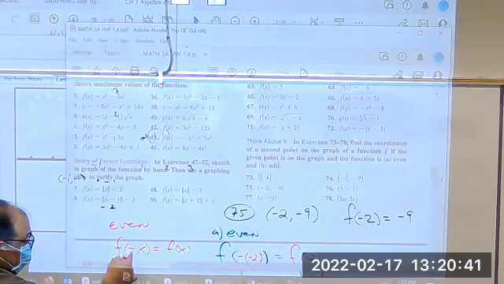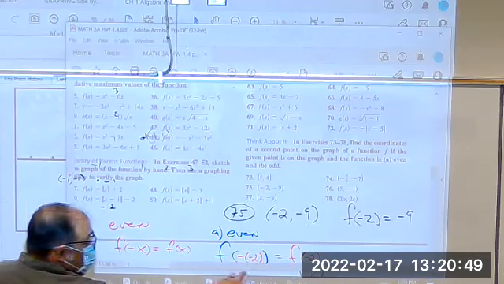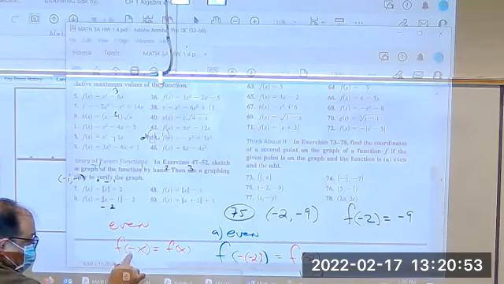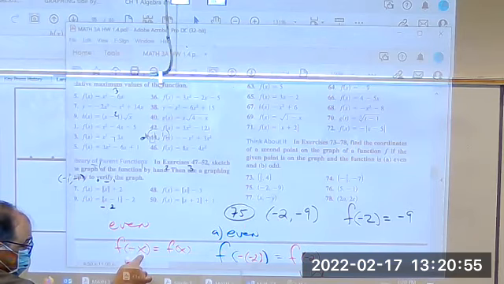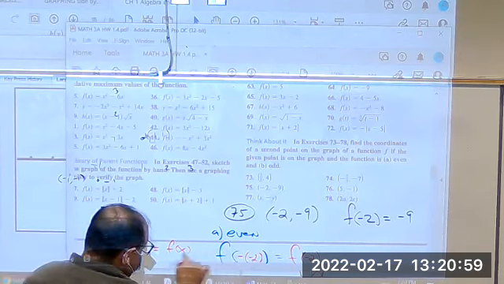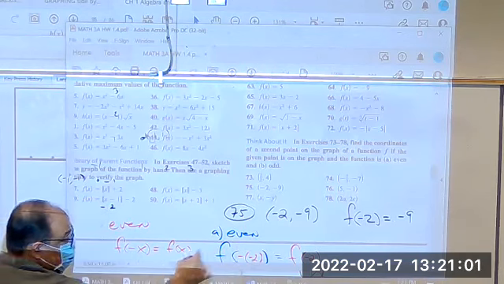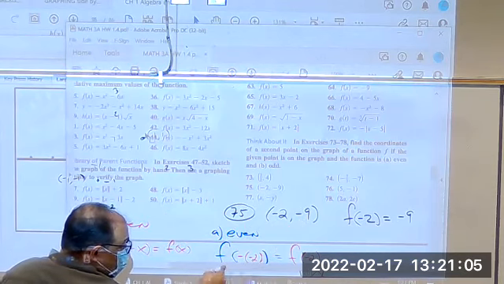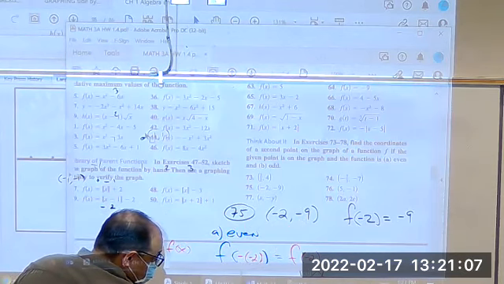F of the opposite of the original x. That's when you take a negative, you're doing the opposite of the original. The original x is a -2. The opposite of that x is going to equal the same y value as the original x gave you. The original x gave us -9. So now this becomes f of 2.